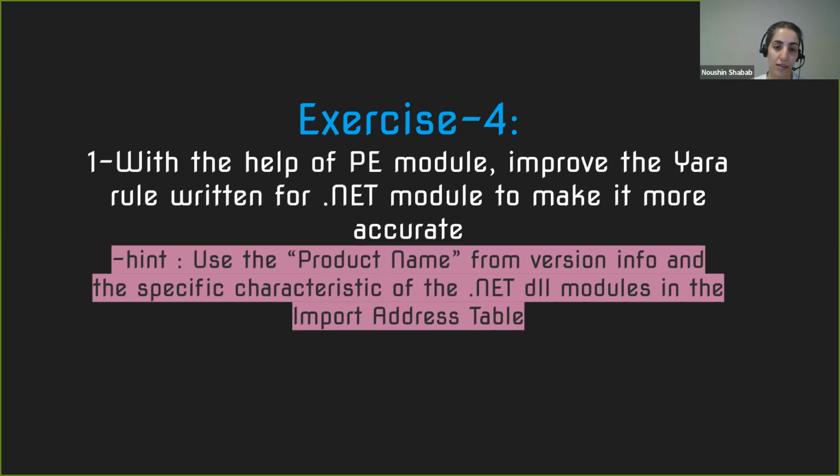It might not be as nice and easy to work with as compared to, for example, Atlas or CFF, but it saves me time to not open a VM every time I want to look at some PE headers and open up that tool and look at that file and come back to my host machine. So whatever you're comfortable with, you can try and find this information and add to your YARA rule.